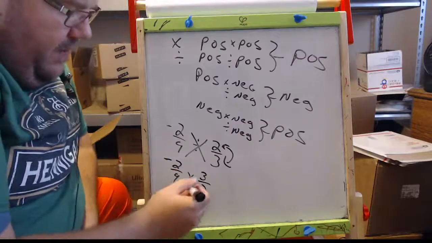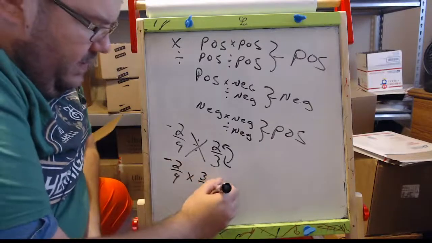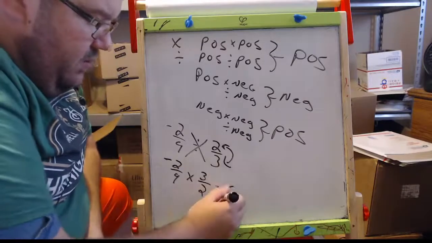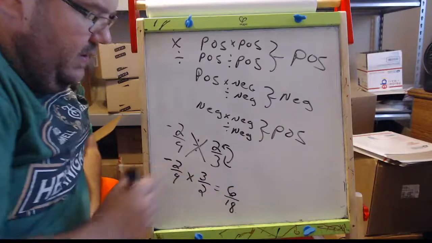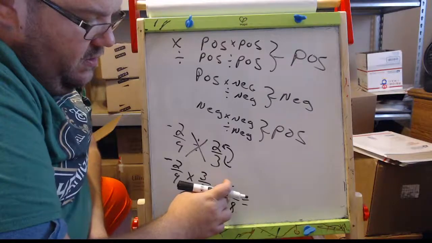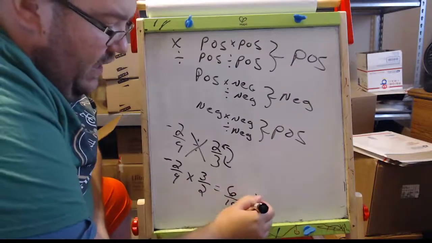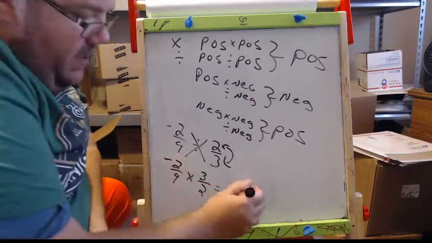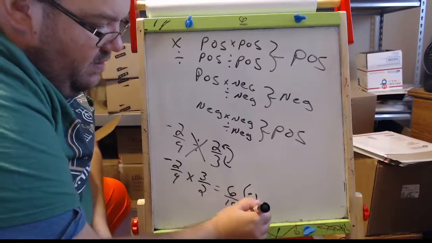Now, if I do the math, 2 times 3 is 6, 9 times 2 is 18, and then I could reduce it. 6 goes into 6 once, 6 goes into 18 3 times, and since it's a negative with a positive, this needs to be a negative answer.